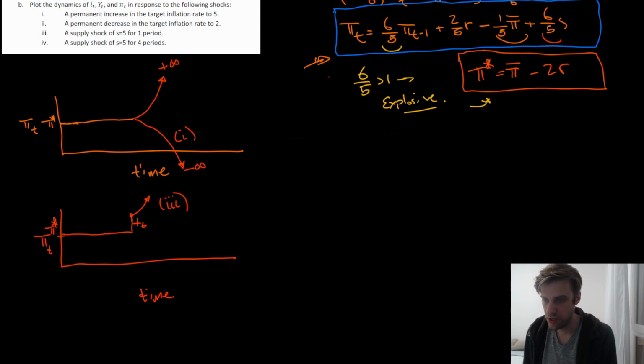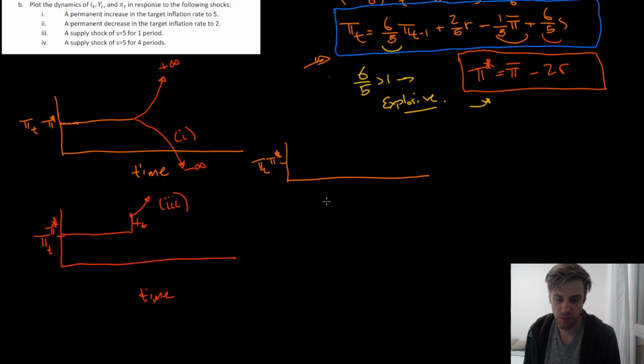In case 4, it's slightly more subtle, but the plot will look roughly the same, just that there's multiple shocks. And there's two things going on at once. There's going to be the divergent behavior of the system itself, and there's going to be the additional shocks. So we begin at pi star, we move steadily, we get a shock, we go up. We get a shock and we go up, say to here.